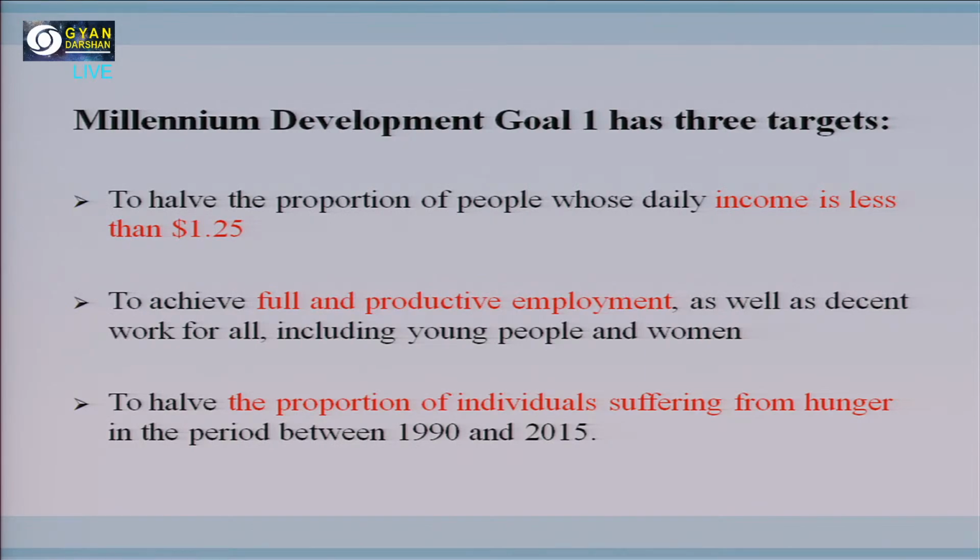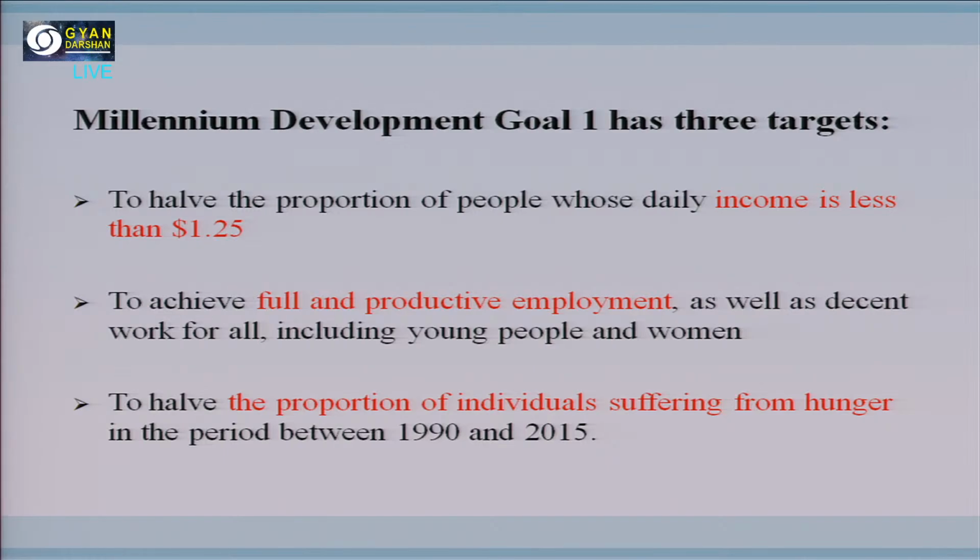If you see the Millennium Development Goals, in order to reduce poverty, the measure was income of less than $1.25. At that point of time, we had a poverty rate of even more than 30%.